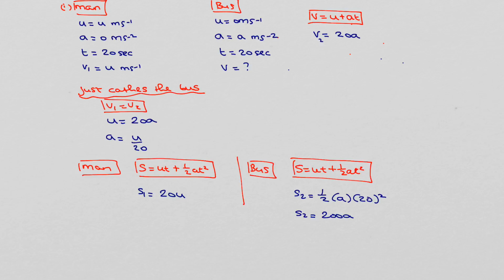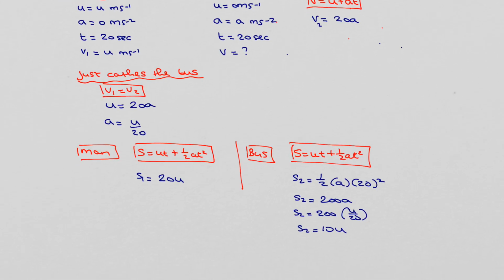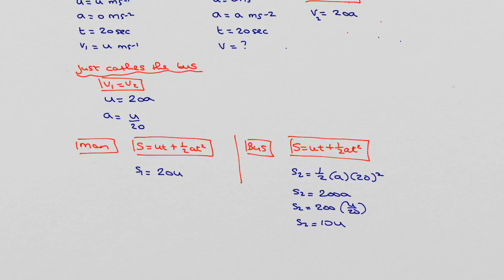But we've said that A is equal to U over 20, so we have 200 times U over 20. In other words, S2 is equal to 10U. So if we really use our relationship then, we have S1 is equal to D plus S2.